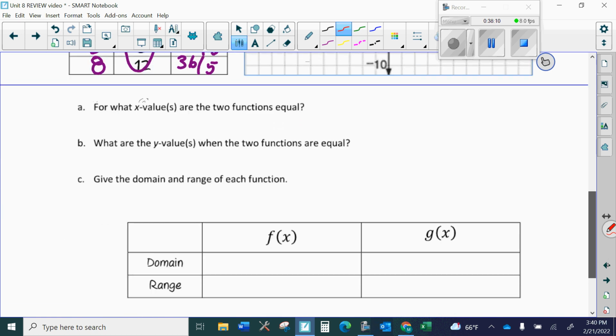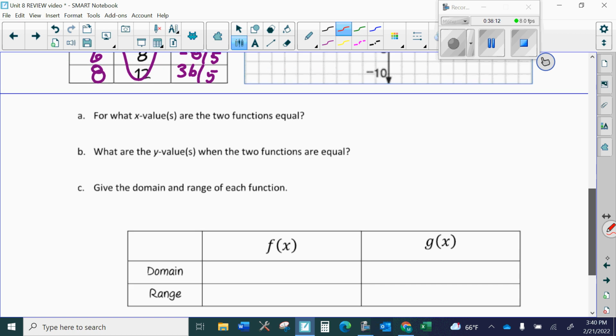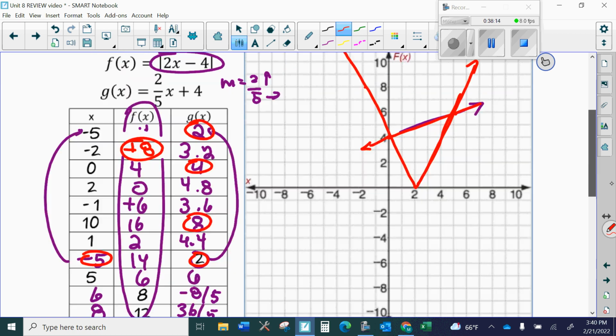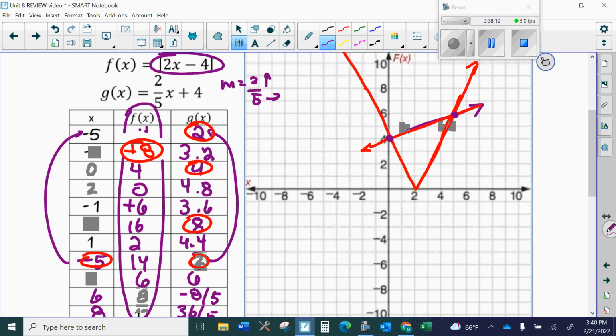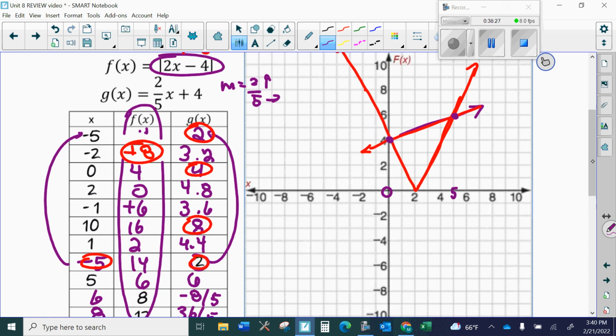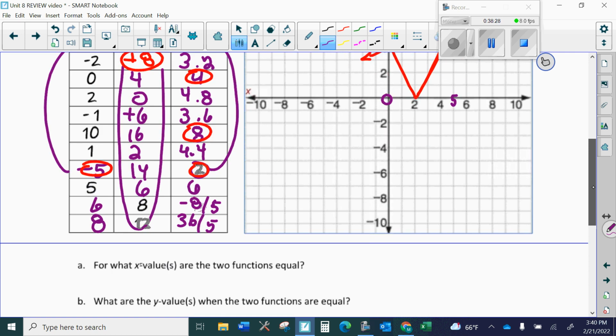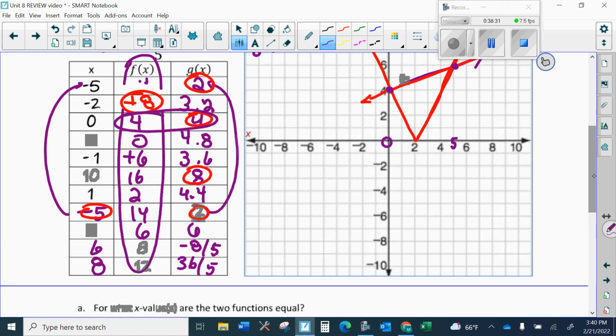All right. For what x values are the two functions equal? Obviously, they are equal right there and right there. So what are those x values? X is 0 and x is 5. Okay, so we should be able to check that right there. X is 0 and x is 5 right there in our table.